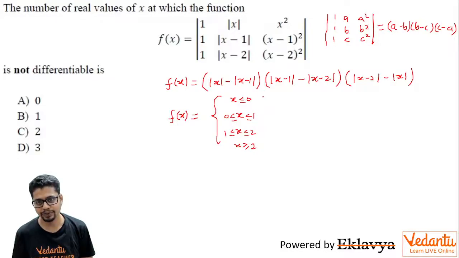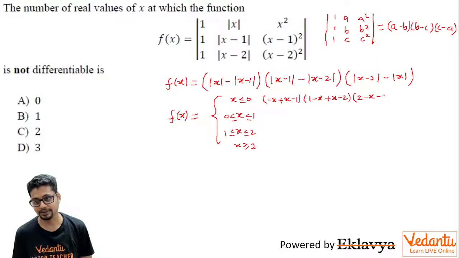So what you have is minus x, minus minus will become plus, so you have plus x minus 1, times 1 minus x plus x minus 2, times 2 minus x plus x. Every mod will open with minus sign. So what you get is minus 1 times minus 1 times 2, which is 2.